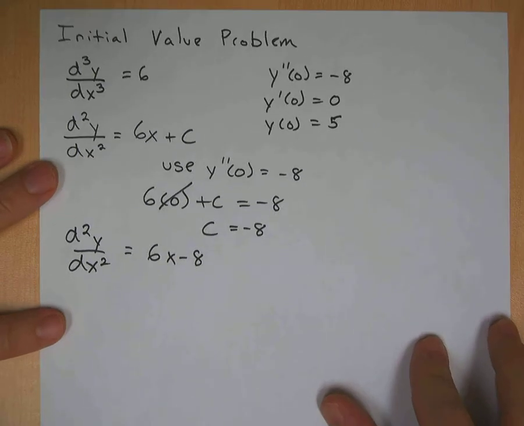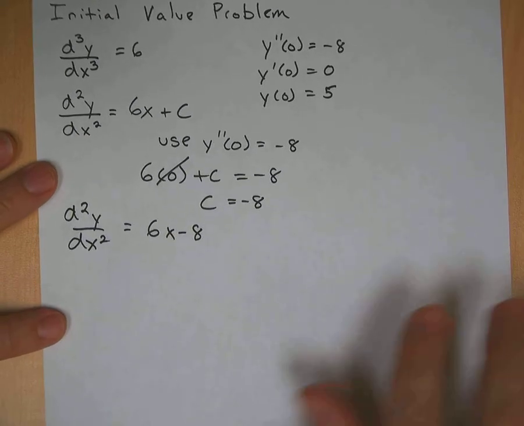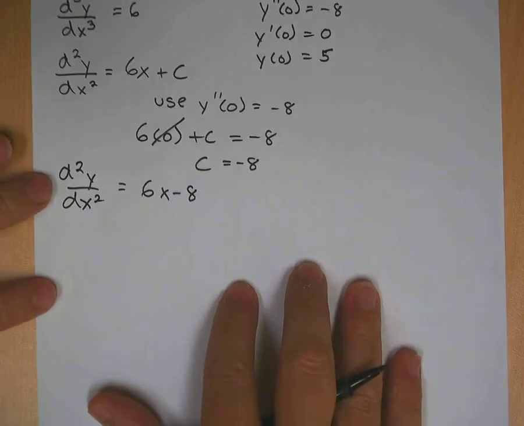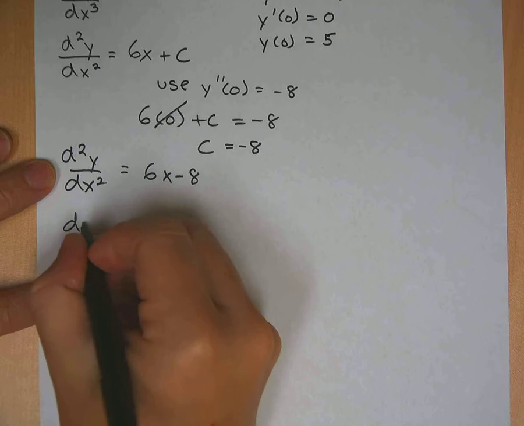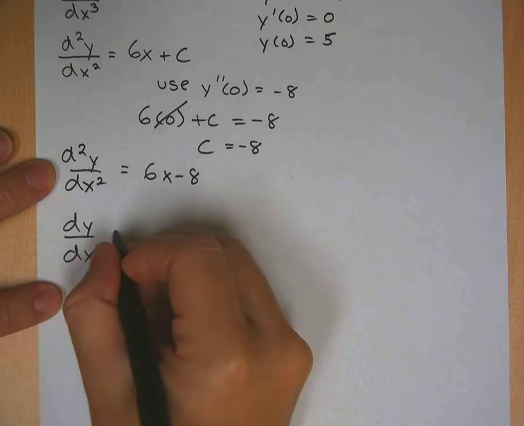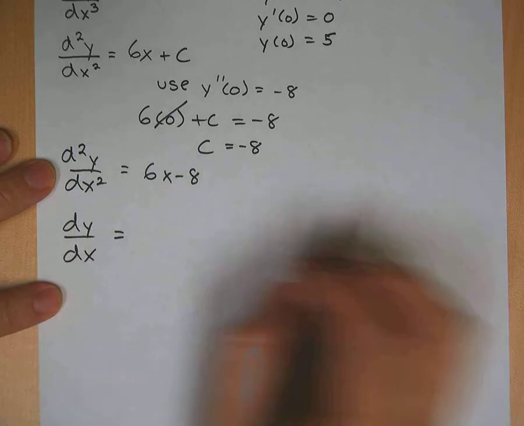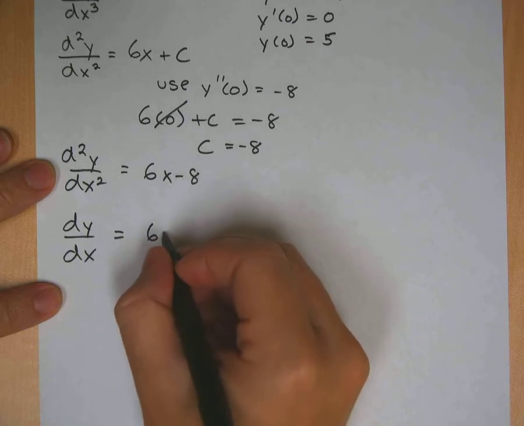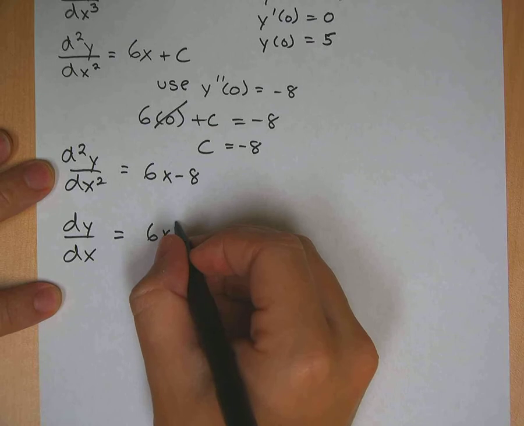Okay, now we're going to repeat the process. We now work backwards again. So if we take the antiderivative of the second derivative, we would get the first derivative, dy dx. Okay, so undoing this, we would have to add 1 to the exponent.